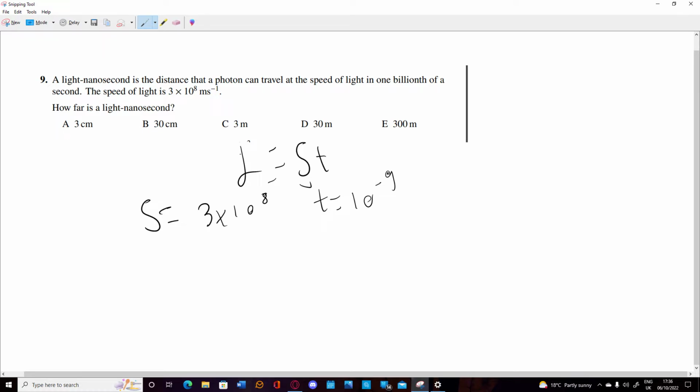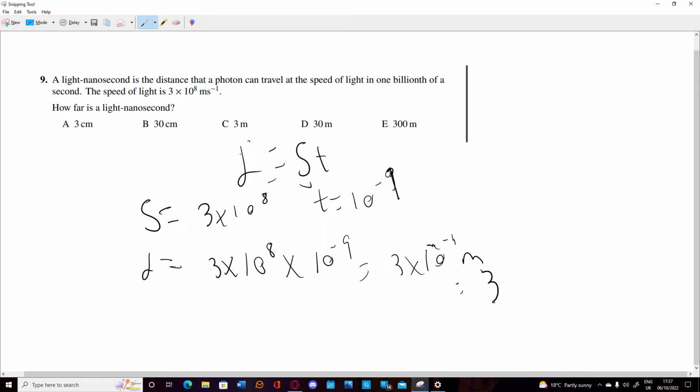So the distance is 3 times 10 to the 8 times 10 to the minus 9, which gives 3 times 10 to the minus 1 meters. Converting that to centimeters, we times by 100 and end up with 30 centimeters. Answer B.